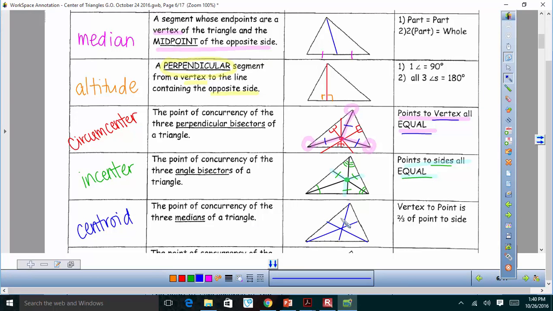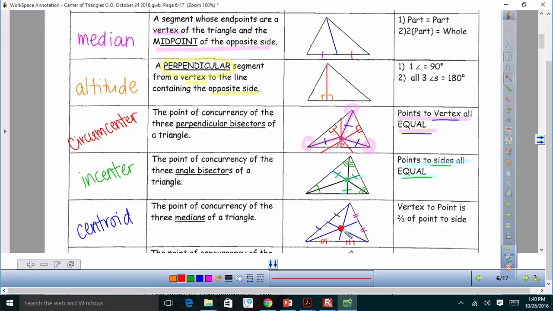Okay, now remember, that means this side is equal to this side. This side was split and equal to this side. And these sides are equal. Okay, this is my centroid.